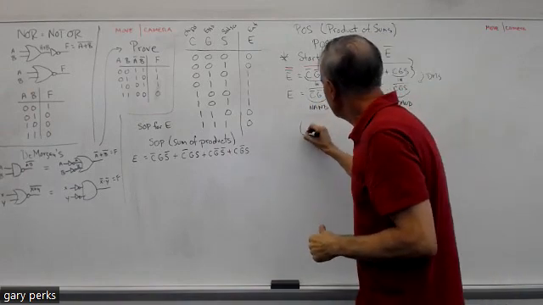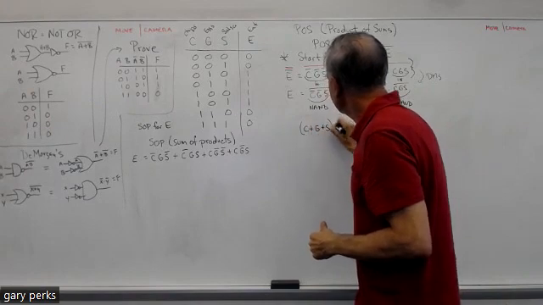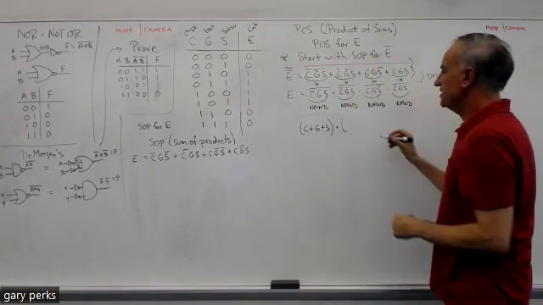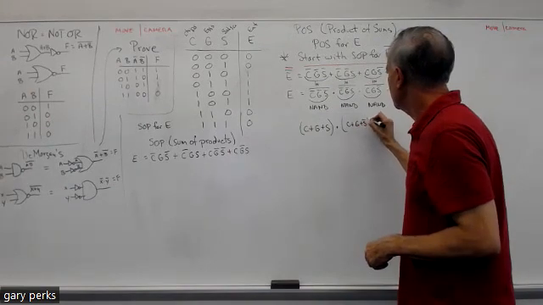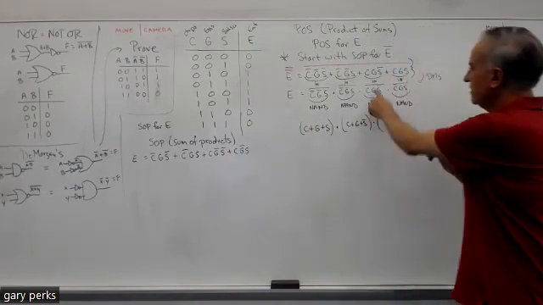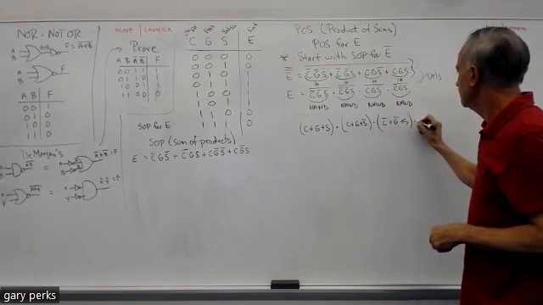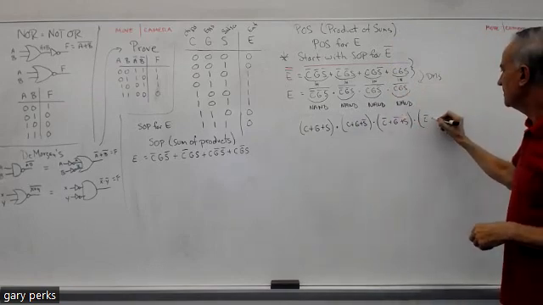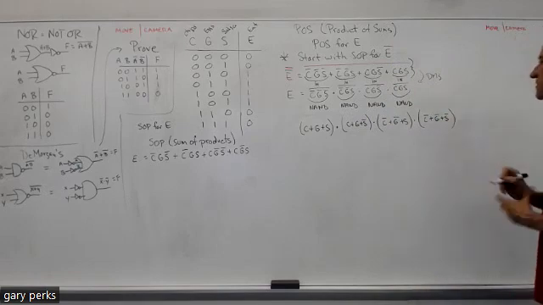So you see, this is going to give me C ORed with G ORed with S. Then this is going to give me C ORed with G ORed with not S. This is going to give me not C ORed with not G ORed with S. And then this last one is going to give me not C ORed with not G ORed with not S.